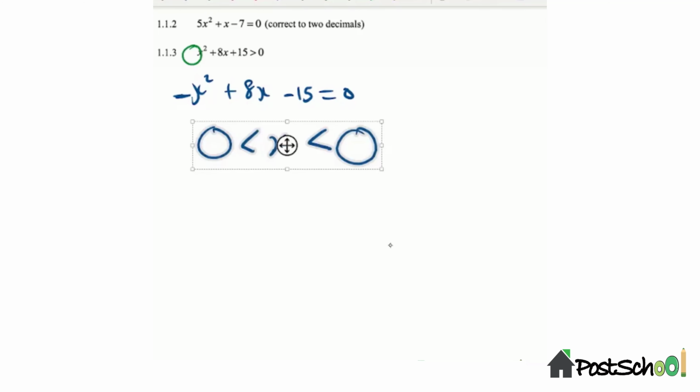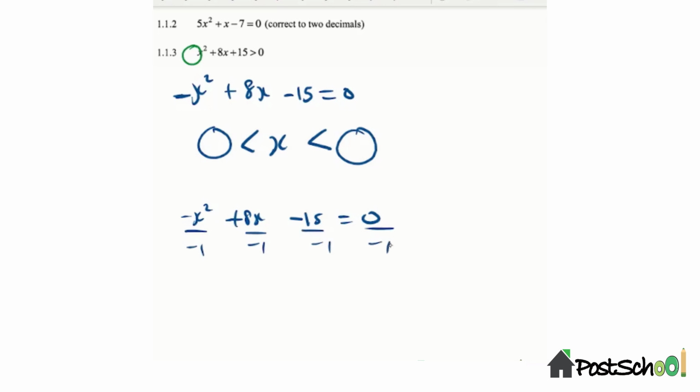Now critical values, negative x squared plus 8x minus 15 is going to be equal to 0. You divide everything by negative 1. This will be x squared minus 8x plus 15 equal to 0. X. So this is 3, this is 5. Alright. And then this is going to be minus.